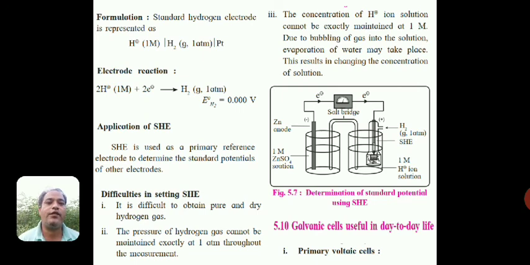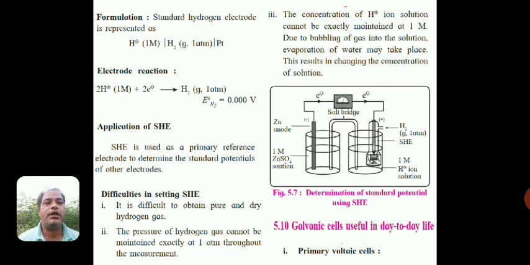Now what are the difficulties in setting up SHE? The first one: it is difficult to obtain pure and dry hydrogen gas, which we insert from the outer jacket's inlet.